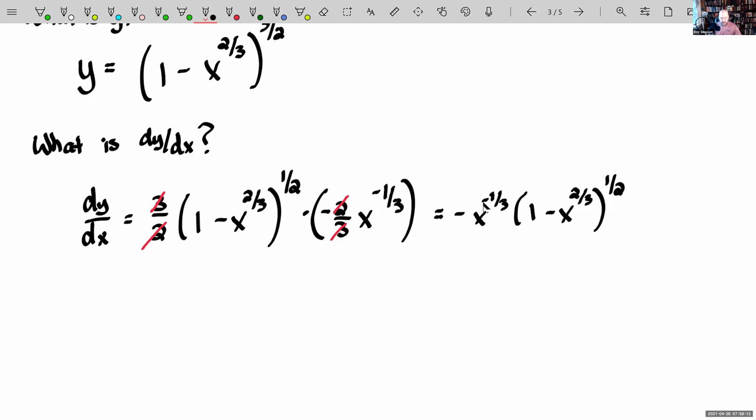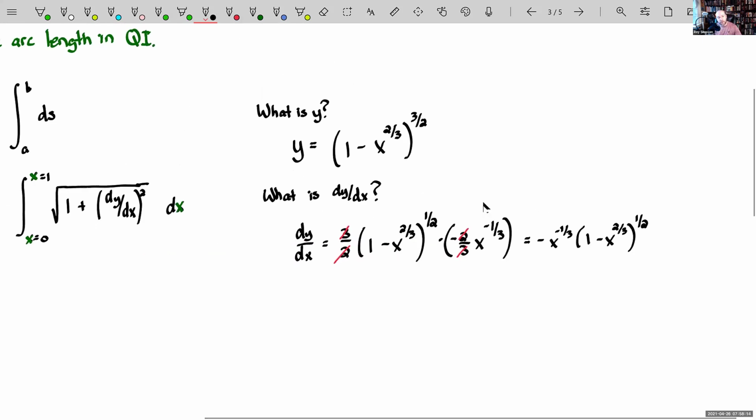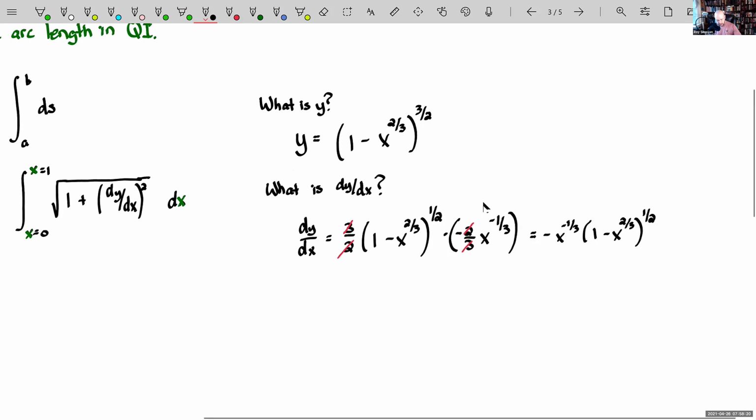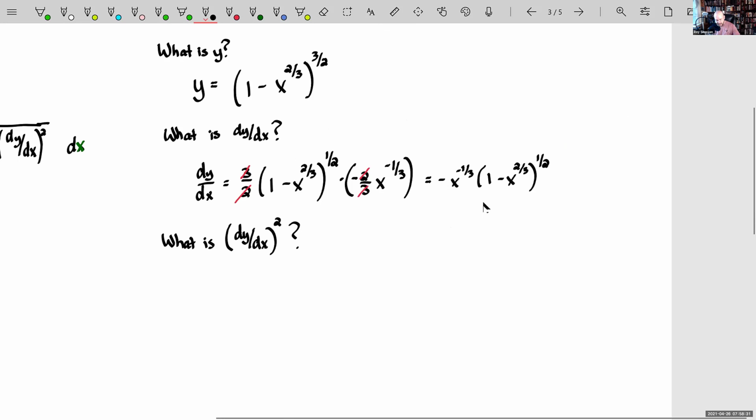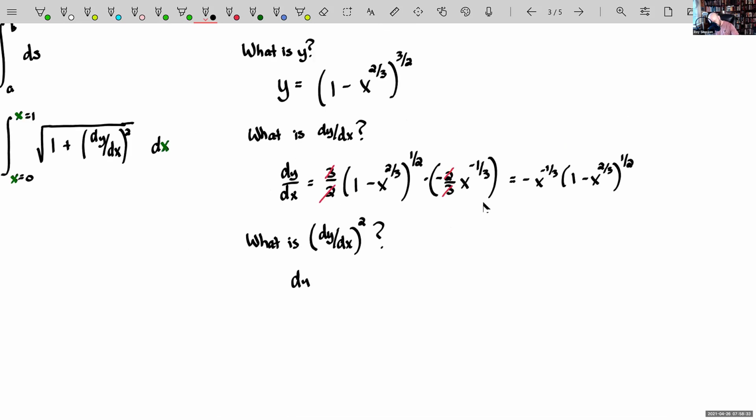So looking back at our integral, we see, well, we don't want just dy dx, but we want dy dx squared. So again, what is dy dx squared? So I'll just take that dy dx I just computed and square it.